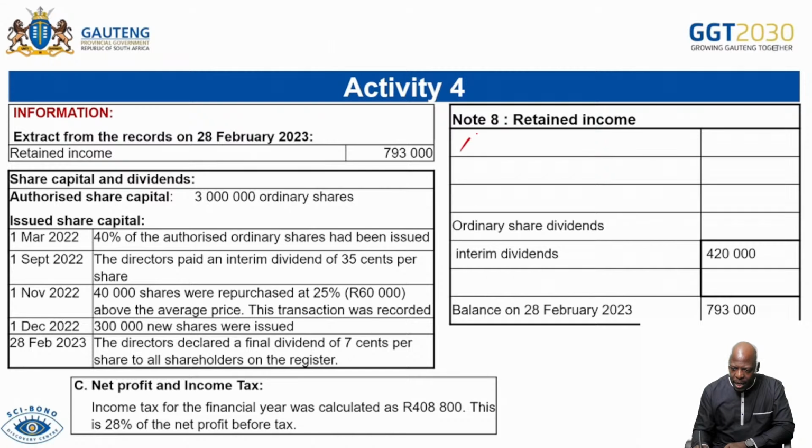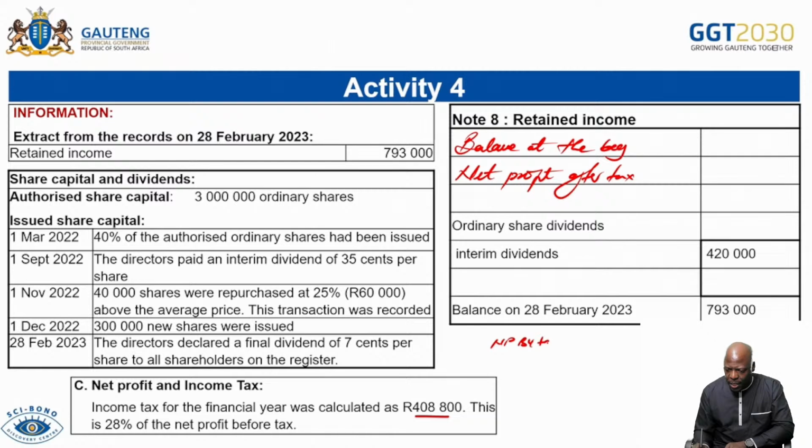If I were to do the retained income note, I would start off with balance at the beginning. All right, and was I given the balance at the beginning? No. And then I'm going to need my net profit after tax. And for my net profit after tax, what did I have? Income tax for the year is calculated at 28% of the net profit before tax. So I know that I have my net profit before tax, which is always 100%.